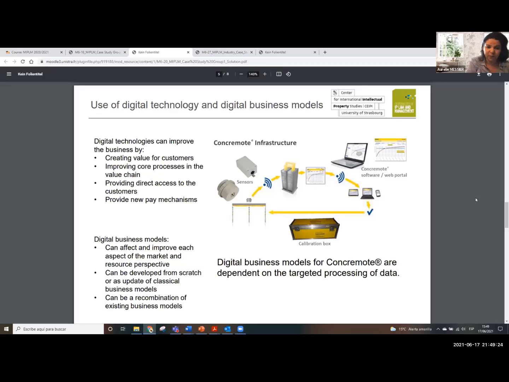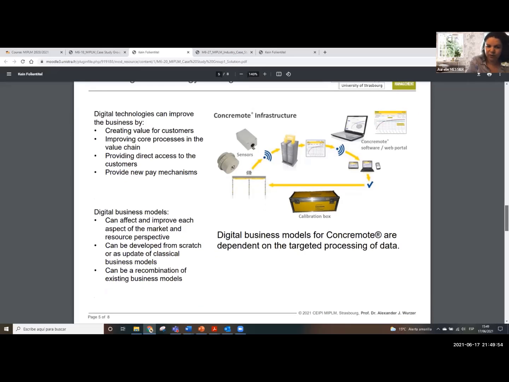Thanks to this box, it is calibrated to be able to calculate the strength development, and remember the 28 days, based on temperature, to be ready. And thanks to the sensors, we know how this temperature is obtained. So we can say that it depends on the targeting processes of data that Doka has actually made all the business model around its solution. I'm going to let Rodrigo continue now.